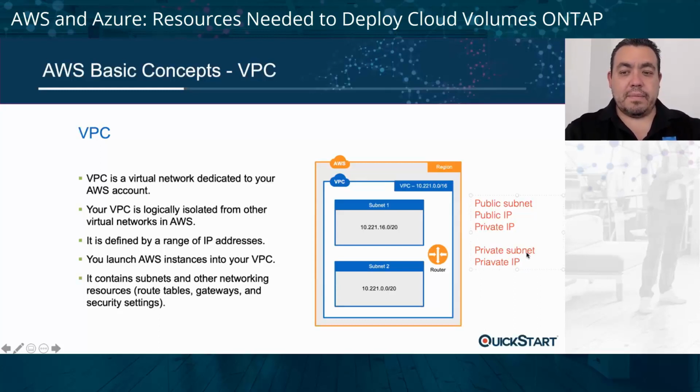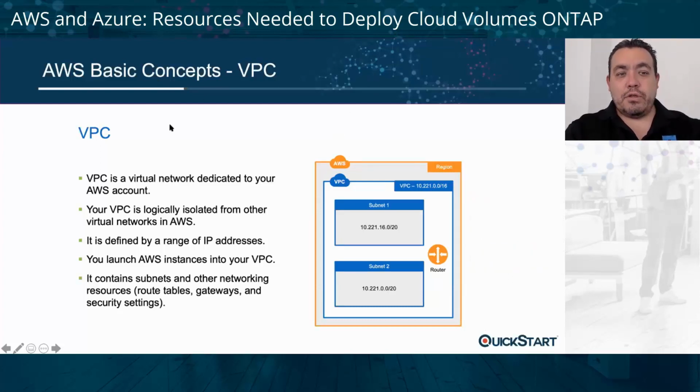It can be customized, but private should be for the backend application and public should be for the front-end application, okay? So the recommendation, guys, is that you deploy your CVO on the private subnet so no one outside your, let's say, network or your VPC can access that CVO. Okay, so that's step 1.